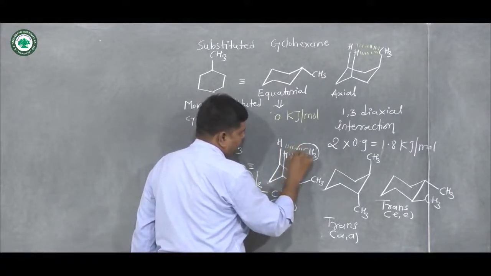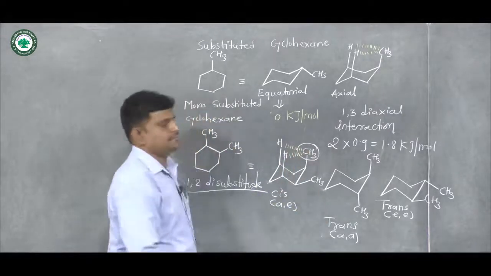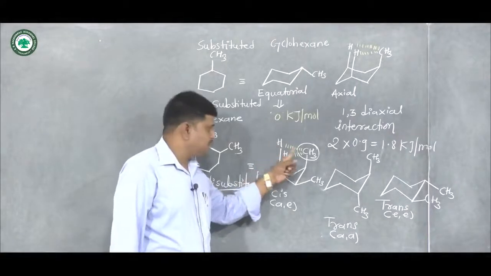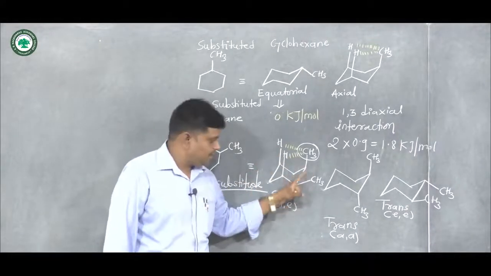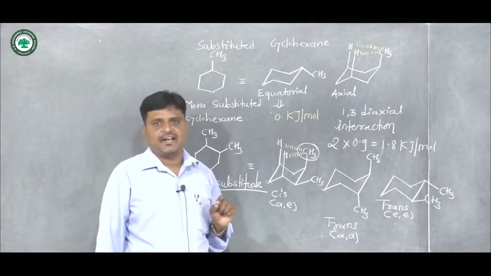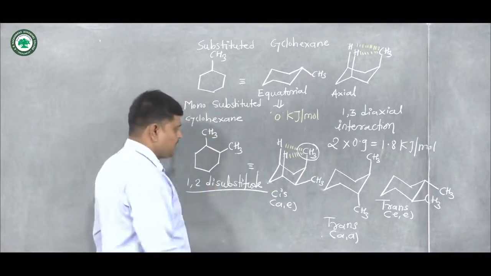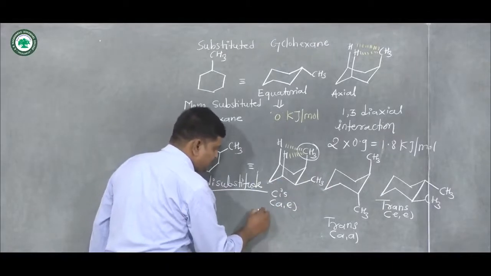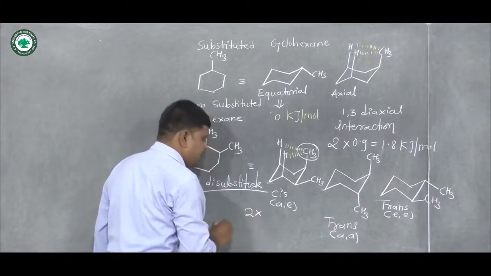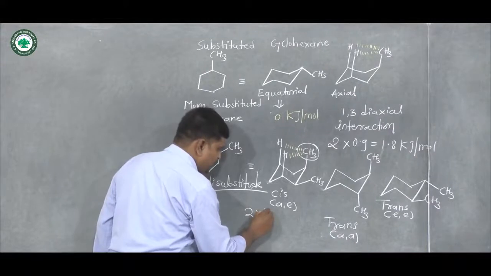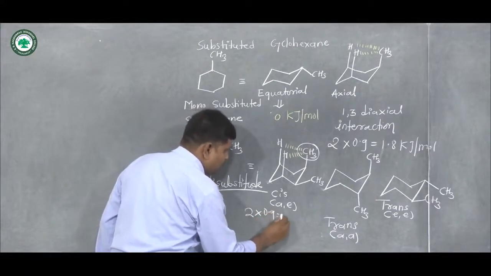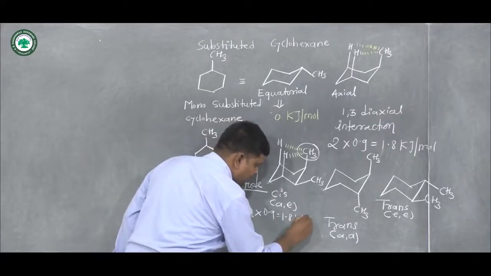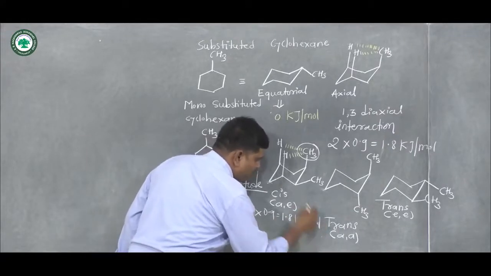These two axial hydrogens can interact with this methyl, and this equatorial methyl doesn't interact. So we write here its energy calculation is 2, 1,3 diaxial interactions into 0.9 is equal to 1.8 kilojoule per mole.